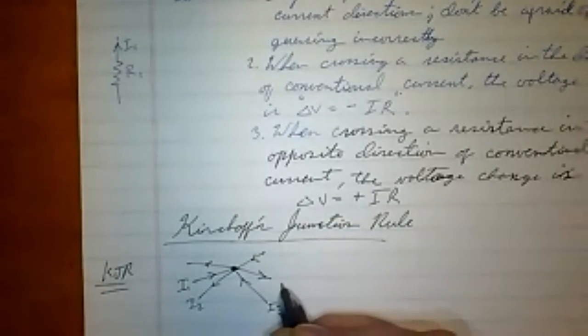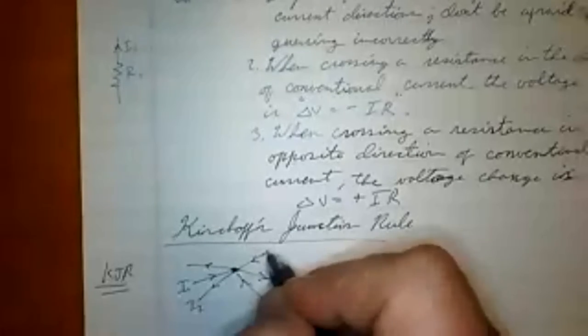So these are going in. I'm gonna call that I1. I'm gonna call this I2. I'm gonna call this I3. Call this I4, and call this I5, and call this I6.